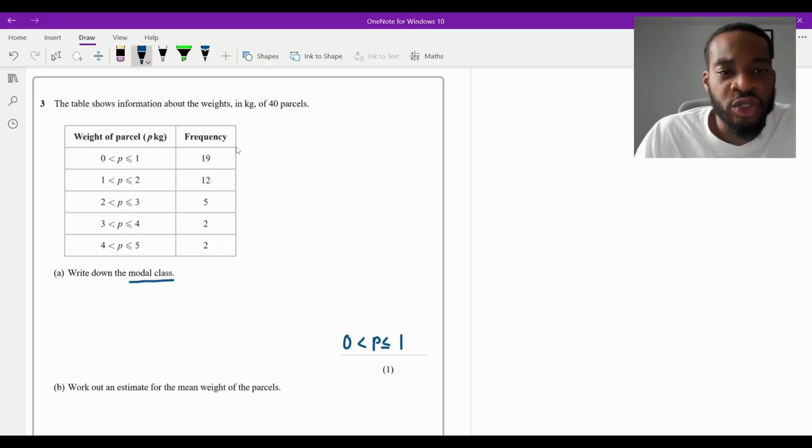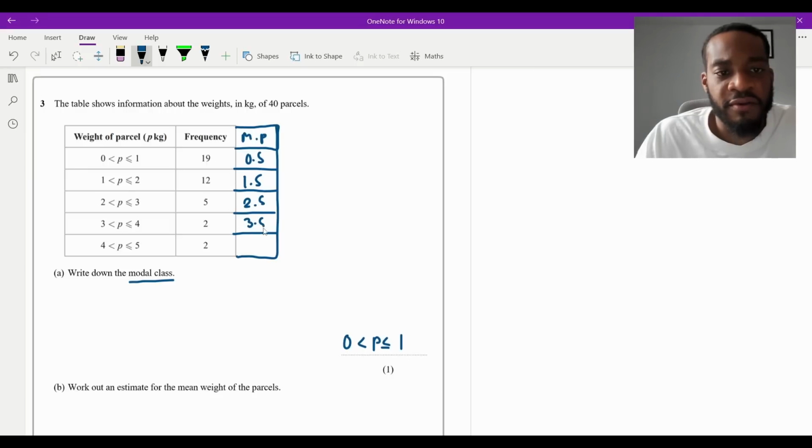So what you're actually going to do here is create another column, and you're going to call this the midpoint. And then the midpoint of each of these is going to be what goes there. So that's going to be 0.5. That's going to be 1.5, and then that's going to be 2.5.